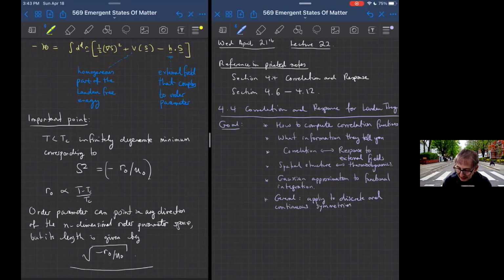And then in the next section, in section 4.6, after we've done all of this, next we're going to look at the specific new features that arise when you have continuous symmetries.